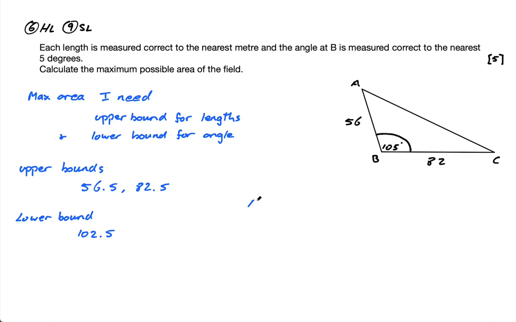And now I just use my area formula, which is a half ab sine C, if you like. Remember, this formula does not apply to this particular triangle, so it's just this side times this side times sine of this angle. So 56.5, remember we're using these, times 82.5 times sine of 102.5 degrees.